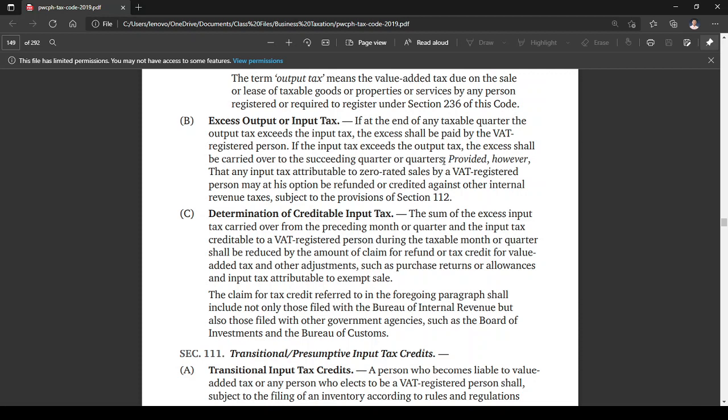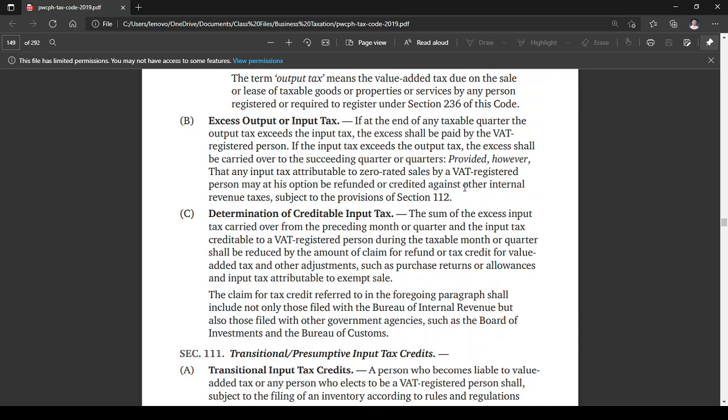Okay? So for those taxpayers who are subject to zero-rated sales, remember yung zero-rated sales, these are 0% yung output VAT nila, pero pwede pa rin silang mag-avail ng input tax. So in that case, dahil zero nga yung output VAT nila, yung input tax na binayaran nila, they can either be credited against other taxes, or they can be refunded, right?